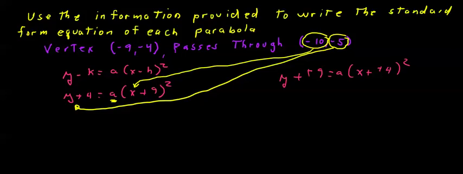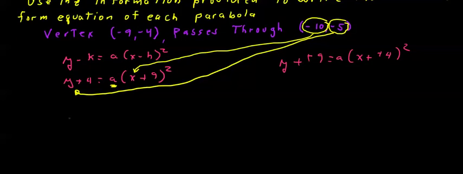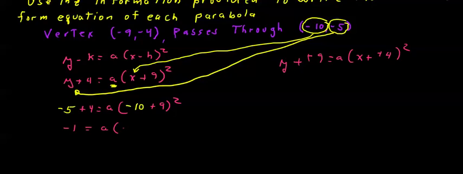So, y is -5, -5 plus 4 equals a times x is -10 plus 9, quantity squared. -1 equals a times -1 quantity squared. -1 equals a times 1, or a is equal to -1.